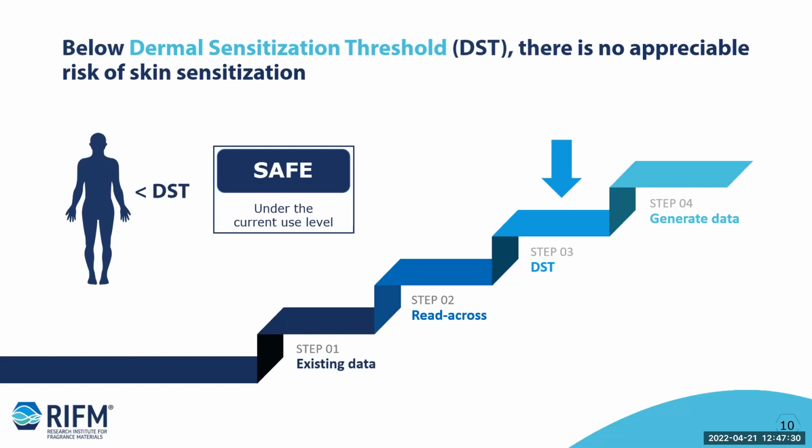If the exposure to the given chemical is below the DST, we can consider that the chemical is safe under the current use level without further testing, whether in animals or in humans. So DST is a practical approach for risk assessment when the exposure is low.